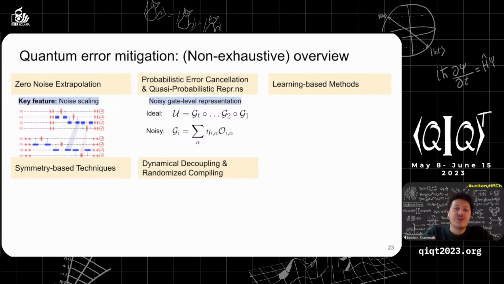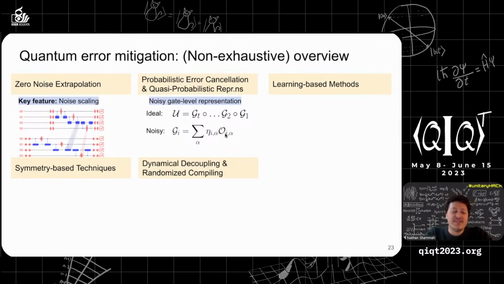Probabilistic error cancellation and quasi-probabilistic representation work at the noisy gate level representation. So you can imagine that in an ideal quantum program, as has been discussed previously, you may have a unitary that is a composition of ideal gates. But actually what happens is that on the quantum processor, we are applying a noisy unitary. Imagine that it's provided by this operator here.